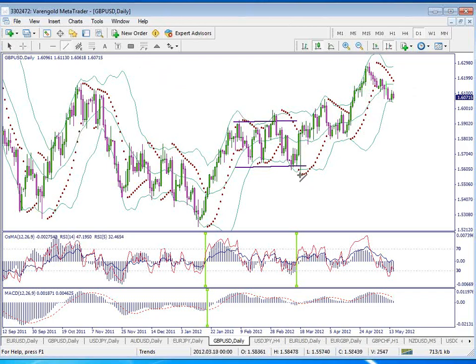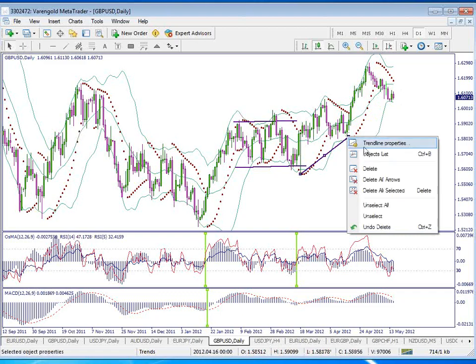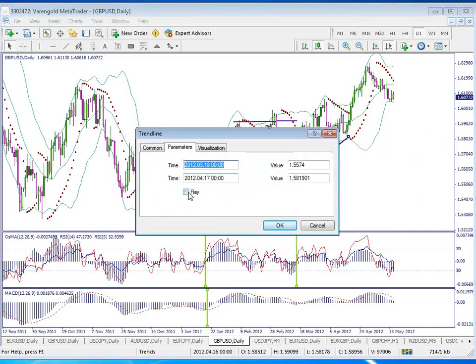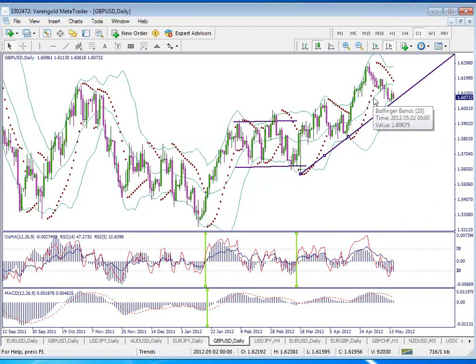I just can draw the channel. I have 2 points here. So I have the inferior line of the channel, and I can translate this line to have one channel. So here at this point, I will know that the pair will make some swings between those lines of the channel.